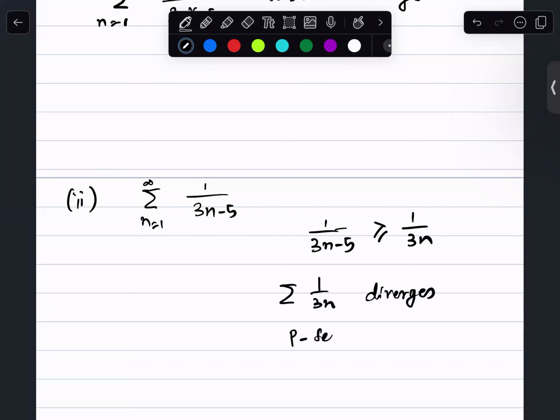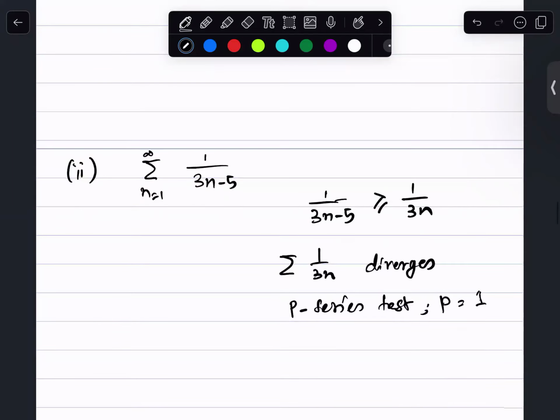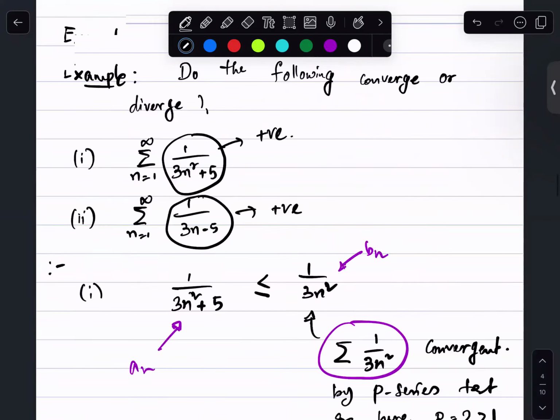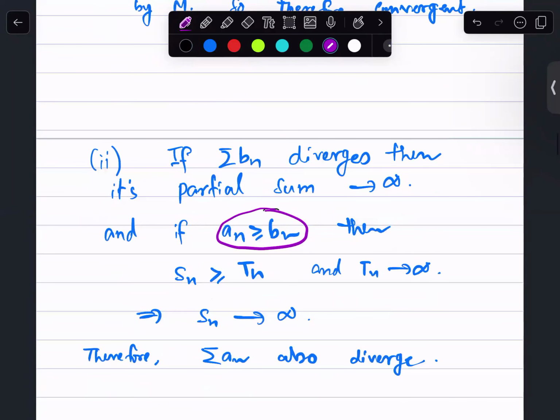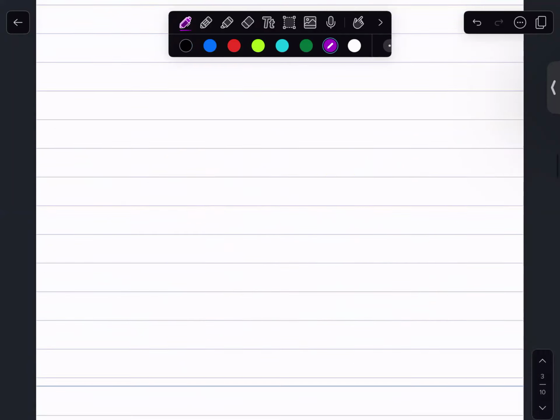Again, P series test. Here P is 1. And now if I compare with the result 2 there, I have the opposite inequality here, right? And I see that the right hand series is diverging.